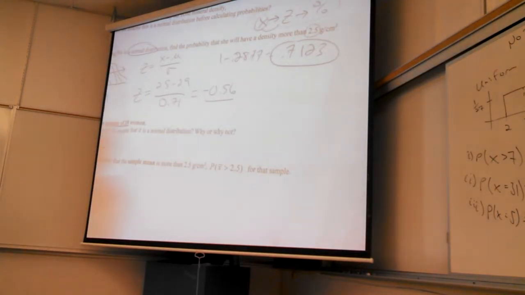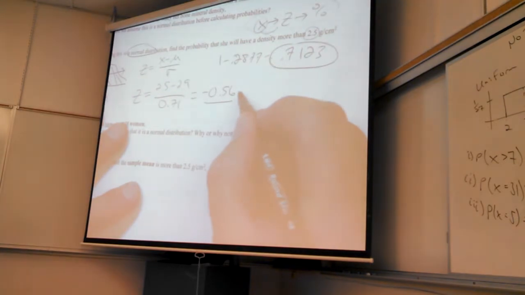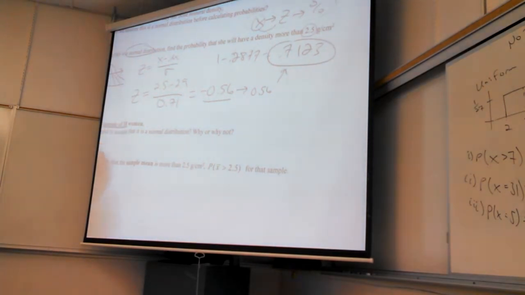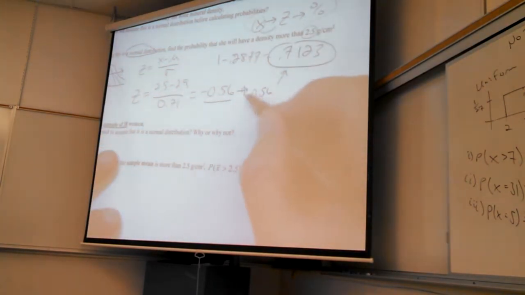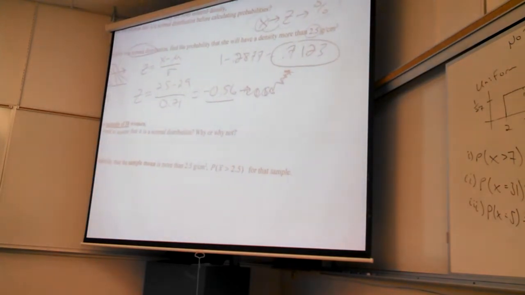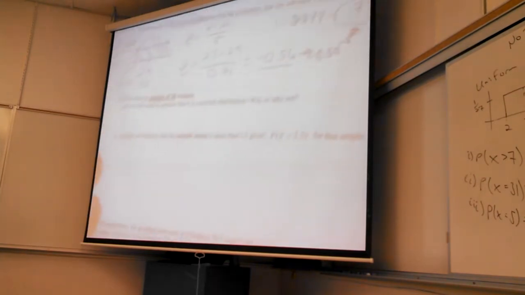If you do the shortcut, do this, the little arrow, 0.56, and then you can go straight to the answer. That's fine, and that'll tell me you're using the shortcut. If you don't like the shortcut, it doesn't really save you a ton of time. It shaves off a few seconds. I'll give you a second to share.